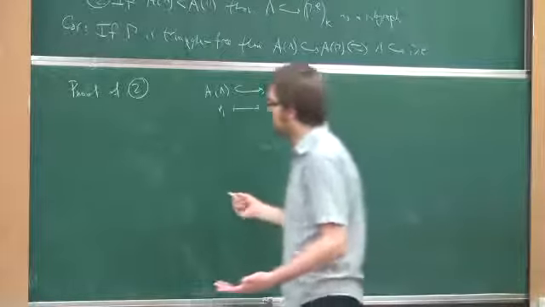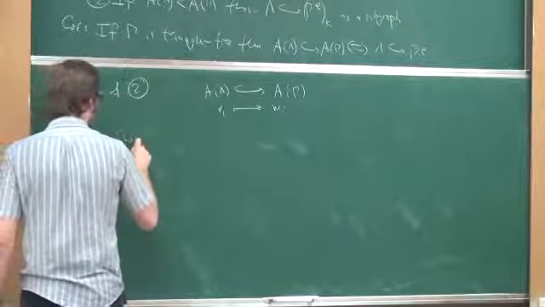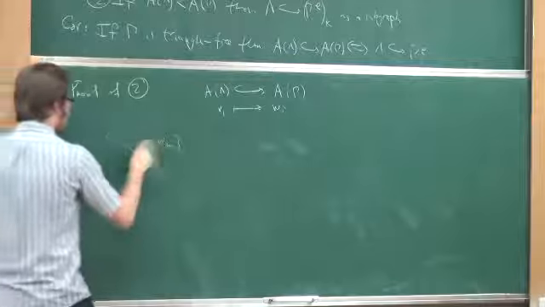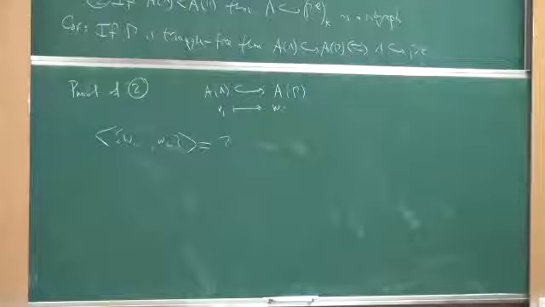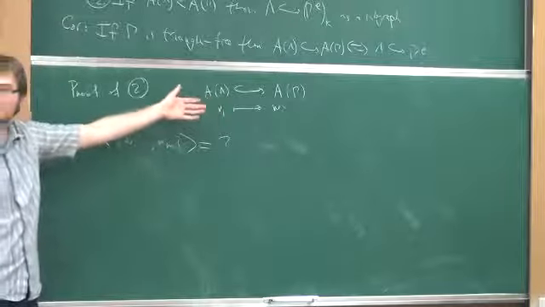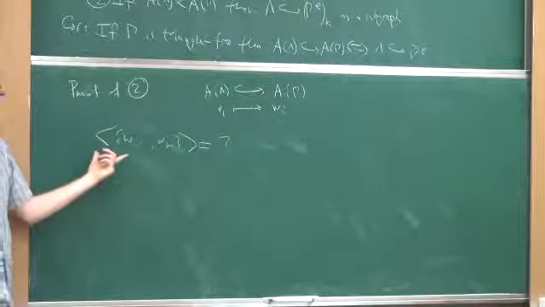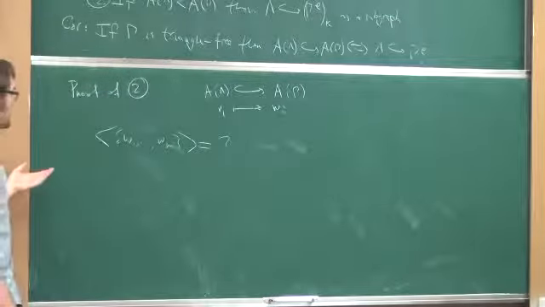But if I started with some arbitrary collection W1 to Wm, and I asked you what the subgroup generated by these elements is, in general, unless I know that it's actually the image of some injective map between two right-angled Artin groups, I have no idea what this isomorphism class is. And so the difficulty is basically the following.